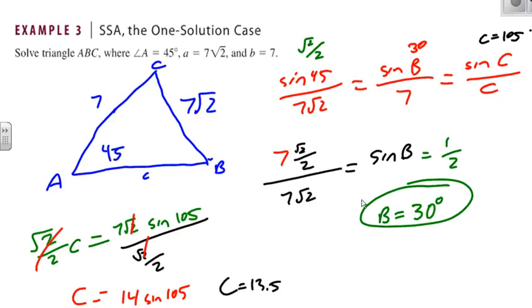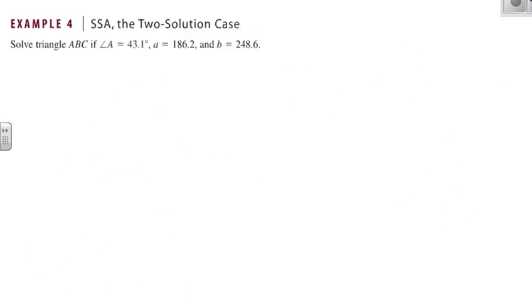So we found our missing angle, both angles, and the side 13.5. So again, we're not given the triangle. You can draw it out if you want.